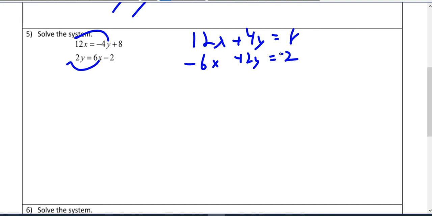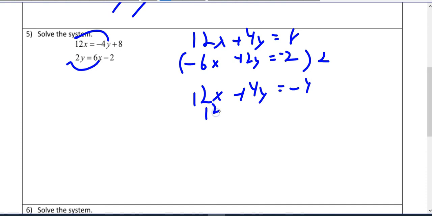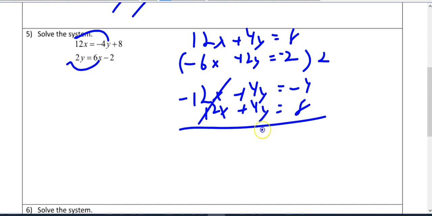And then if I just multiply this by 2, that will give me negative 12x plus 4y equals negative 4. Sorry, negative 12x. Bring the first one down. Add them together, the x's cancel, I get 8y equals 4, which gives me y is 1/2.